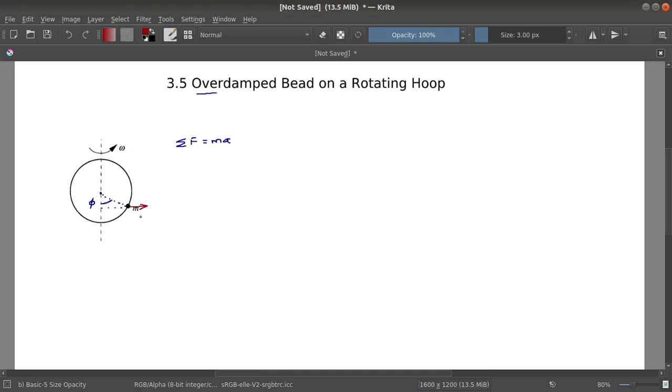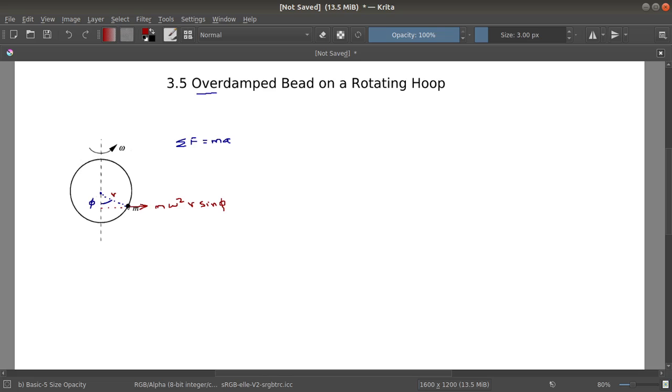Let's call this distance r. If this is r, then the centrifugal force is m times omega square, but not times this r, but this distance. So what is this distance? That's r sine phi. So m omega square r sine phi is the force acting in this direction.